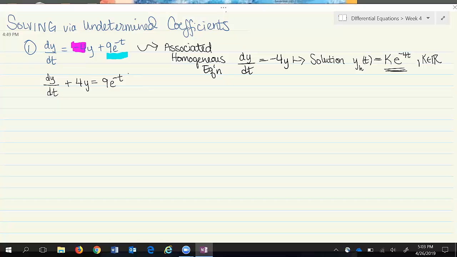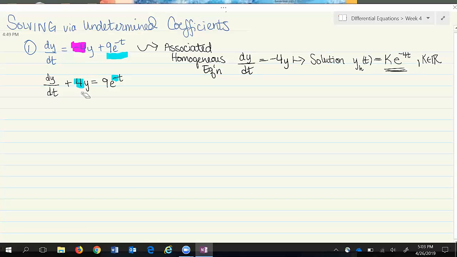Unless it turned out that the coefficient on the exponent on t was the same, so notice that here we have a negative 1 on t, and this is a 4. If the coefficients were the same, we'd have to be a little more careful. But if they're not with the exponentials, then it's as simple as making the most lazy guess we can.